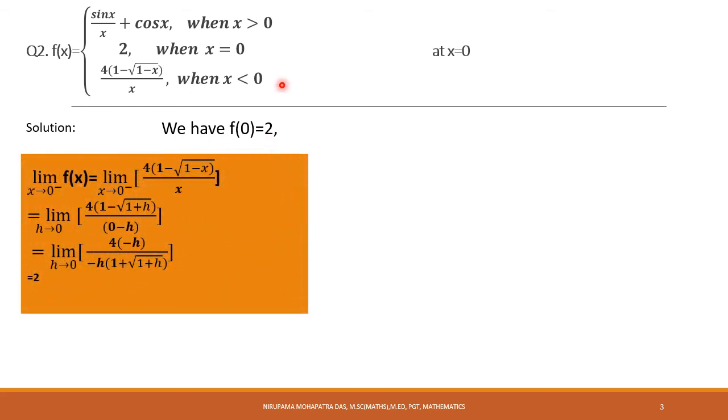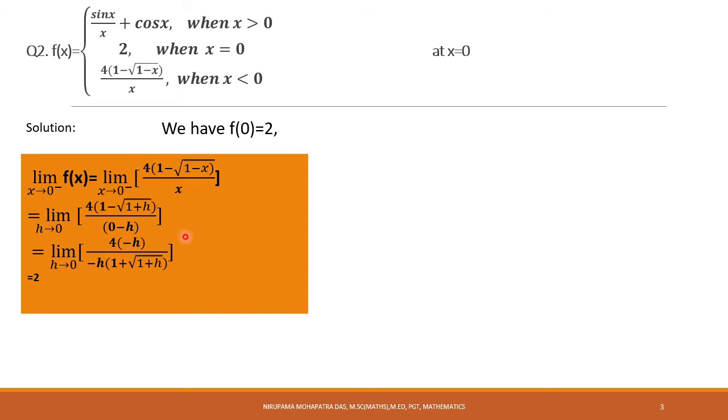Limit x approaches 0 minus means when x less than 0, f(x) equal to 4 times 1 minus under root 1 minus x by x. So in LHL we are taking limit x approaches 0 minus f(x) equal to limit x approaches 0 minus 4 into 1 minus under root 1 minus x by x.